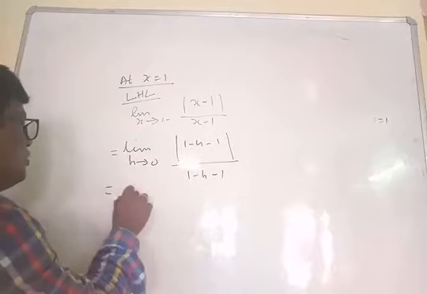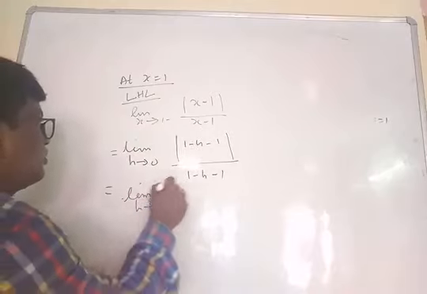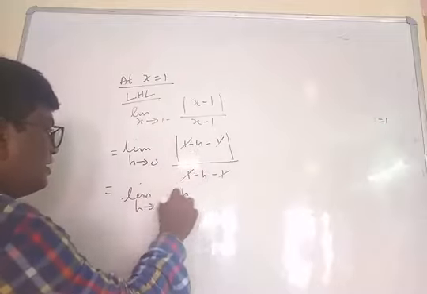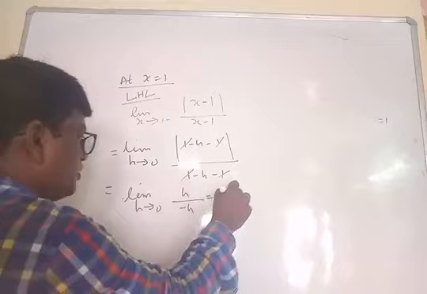The minus 1 and plus 1 cancel. This is mod of minus h by minus h, which is equal to minus 1.